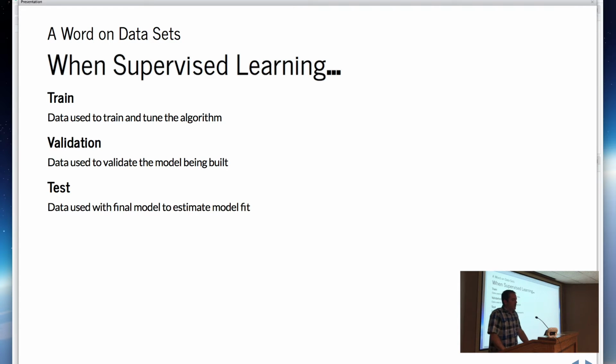Before we jump into some more traditional machine learning examples, just a couple quick words on definitions of data sets, because you'll see references to training data sets, validation data sets, testing data sets, and whatnot. The training data set is the data that we've chosen to give to the algorithm.